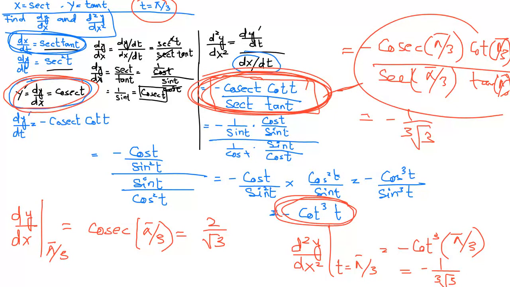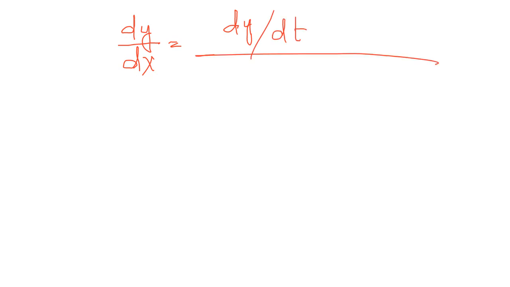Any question? It's clear. Okay, so for the slope, or for this second order derivative, you should know these formulas: dy over dx is equal to dy over dt divided by dx over dt. This is the first formula, the first order.